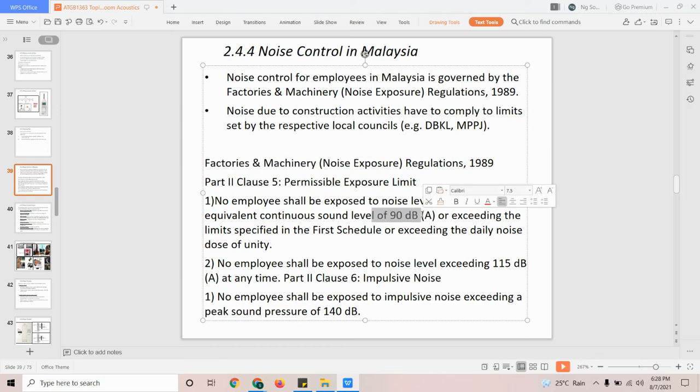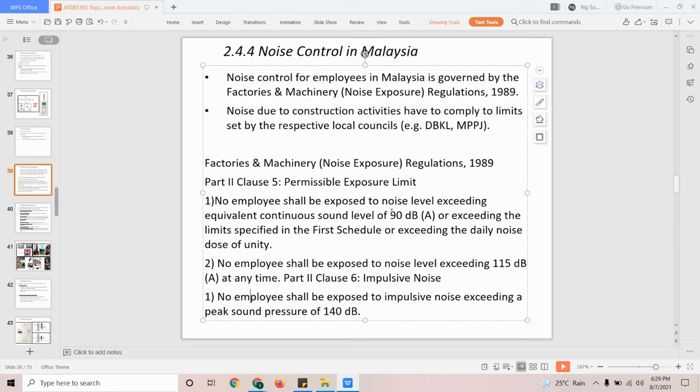So in order to protect the normal people or the employees working, we must not have more than 90 decibel. So this is actually to protect our hearing. And then if there's more than 115, nobody's allowed to be exposed to more than that level, or even 140 lah.